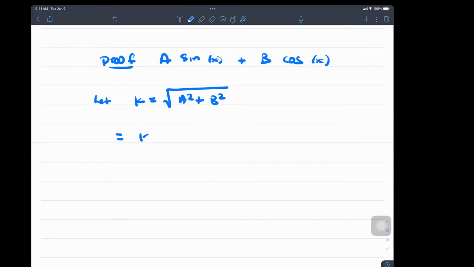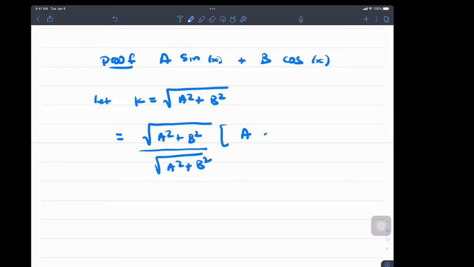Then this equals K over K. Remember, K over K is going to be 1. So this will be A squared plus B squared divided by A squared plus B squared. This is the number 1, and 1 times anything is itself.